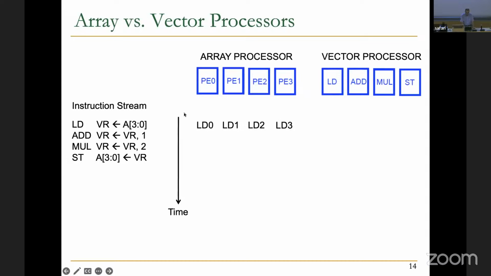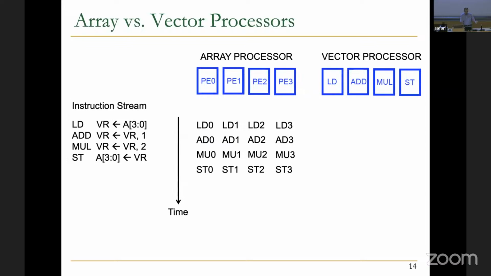In the first cycle, and this vertical line is also the time, you do load 0, load 1, load 2, load 3, which means you're doing the load operation for all these array elements in parallel, because you have 4 processing elements. After that, you need to do addition by 1, then multiplication, and then store. So this array processor is simple.